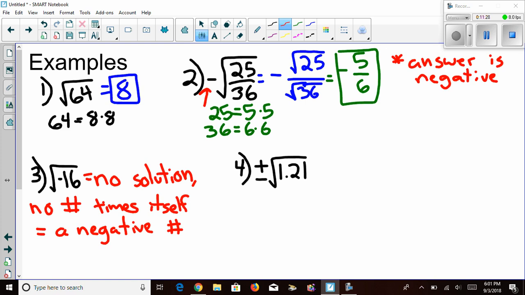When I look at it, I see the number 121, and I know 121 is 11 times 11. It just so happens that the square root of 1.21 comes out to be 1.1.